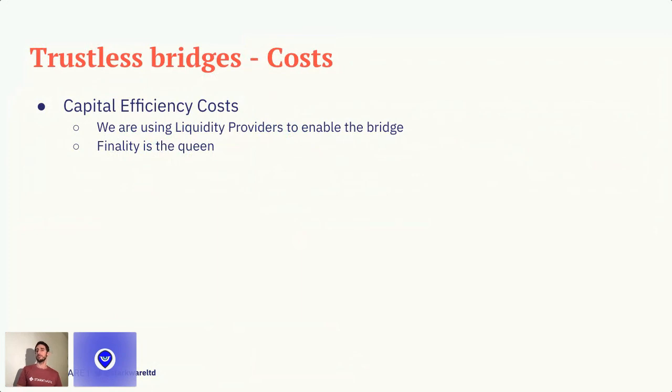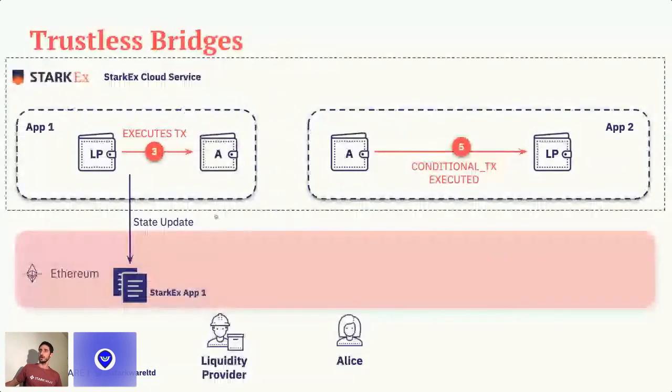And here, the effective parameter is the finality of the state transition. So I'm going back to the diagram, and we need to understand when the liquidity provider gets his funds and he can use it for anything else. He can use it when the conditional transaction was executed on application 2.